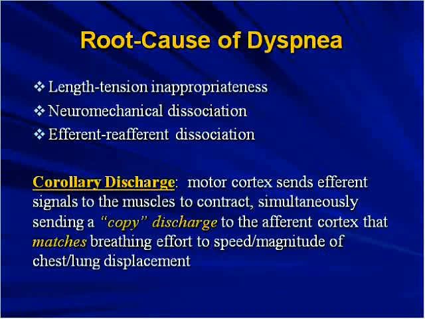And essentially what it comes down to is that when you take a breath, when the motor cortex sends a signal to the diaphragm and the other muscles to contract, there's a copy signal or a copy discharge to the afferent cortex, the part of the brain that receives signals back on how much and how fast the chest wall and the lung tissue are displaced. So there's kind of a matching. So our sense of normal breathing, what's normal and effortless to us, is a matching between the effort we put into a breath and how quickly and how much displacement we get in the chest itself.